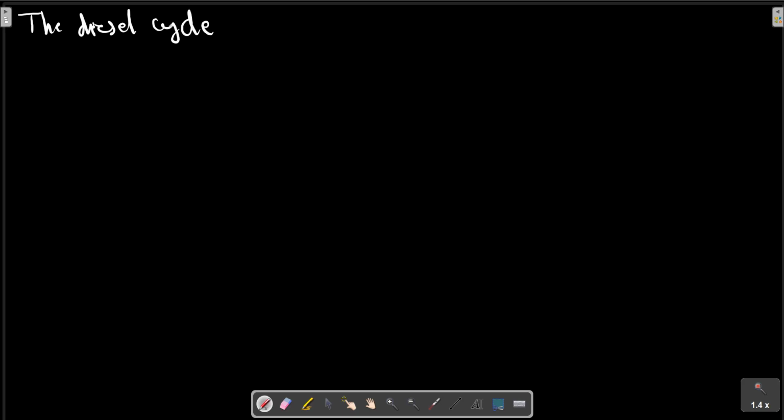The air standard diesel cycle is shown in the picture.